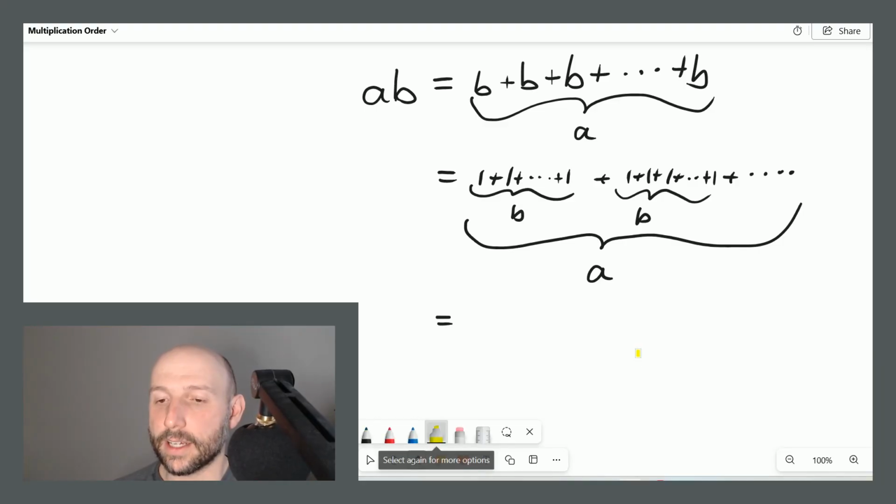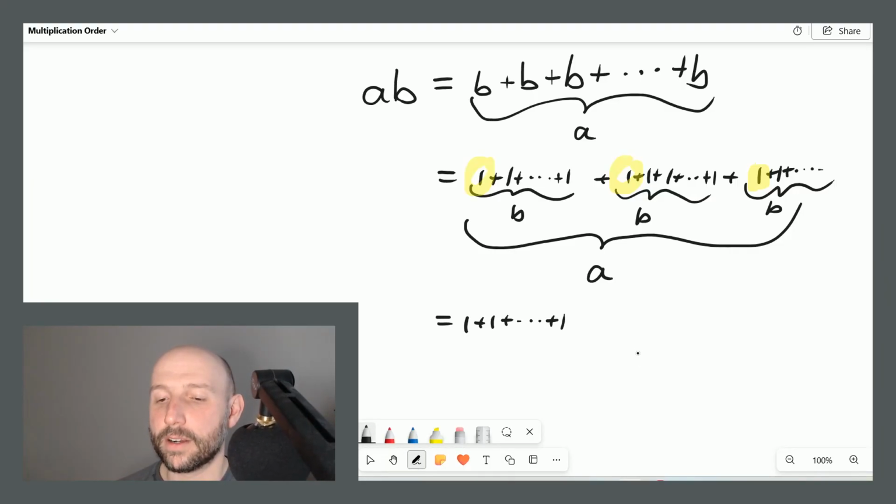So we take this one here and this one here, and from the next set of B 1's added, we take the next one, and so on, right? So we take the first one from every set. Well, how many of those 1's will we have? Well, we will have A of them, right? Because there are A of these sets.